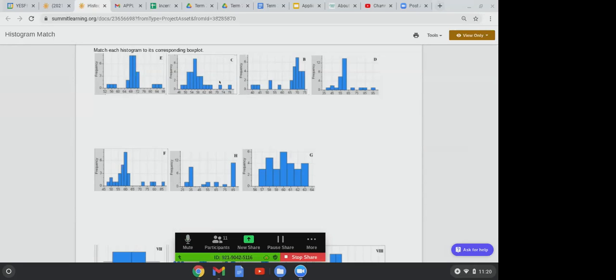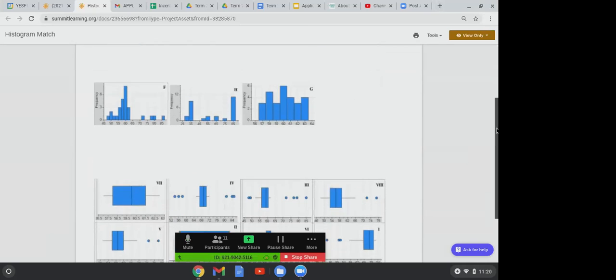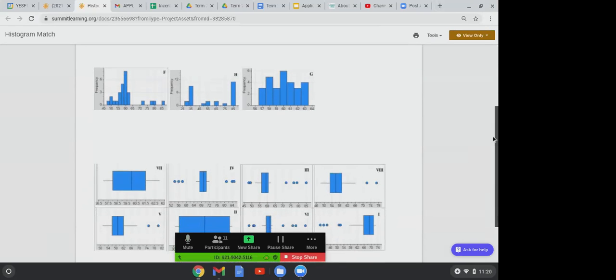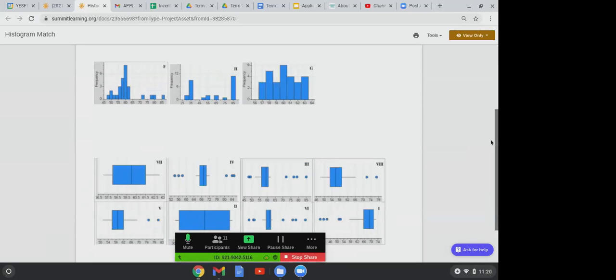Okay? Now, you should have gotten number 4, IV. You should have gotten number 4. So if you look at the graph, you will see there are 3 circles, around 53, 56, 57.